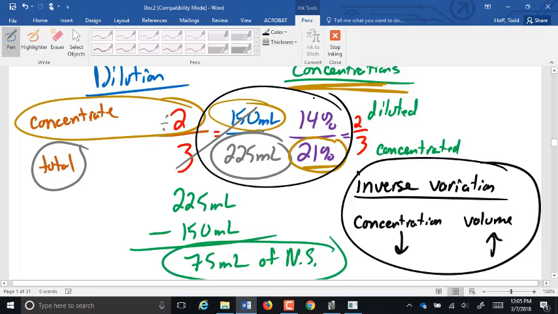So the relationships will not line up. So we just have to go off the label. In our dilution, which compares volumes, the concentrate is on top and the total is on bottom. In our ratio of concentrations that equals the dilution, the diluted percent is on top and the concentrated percent is on bottom.